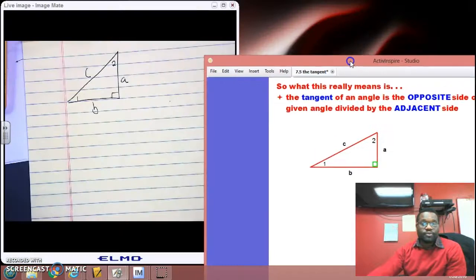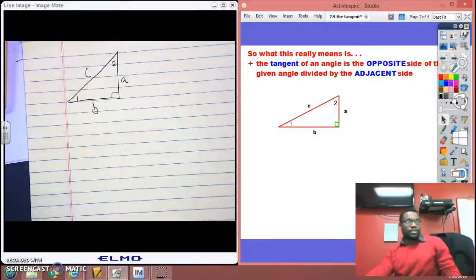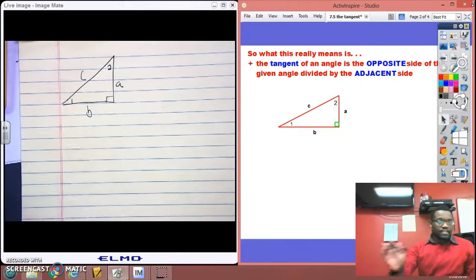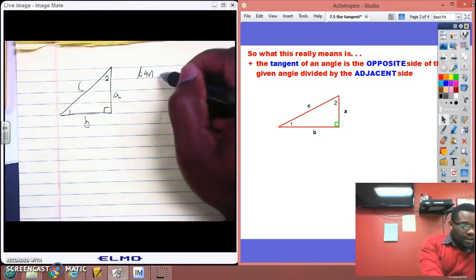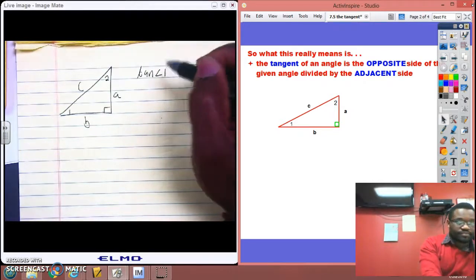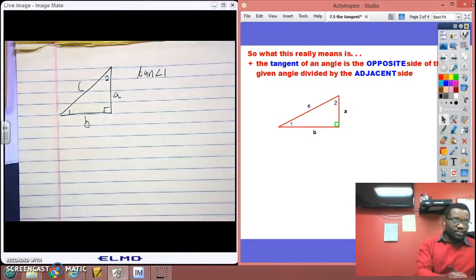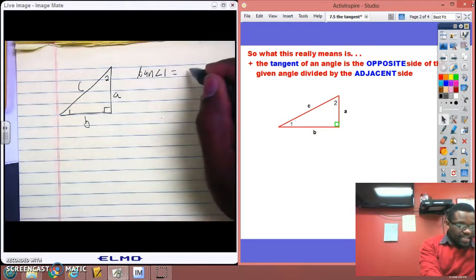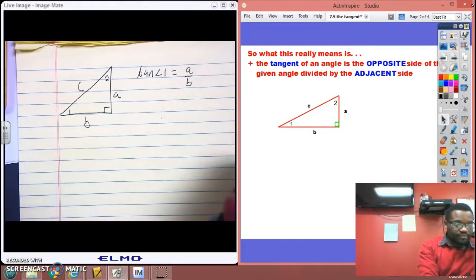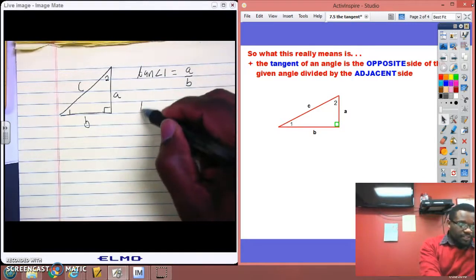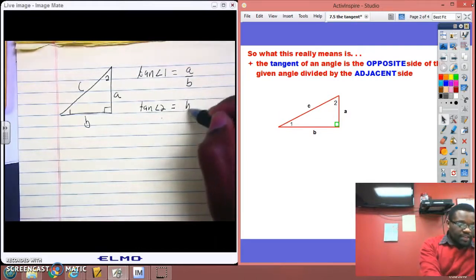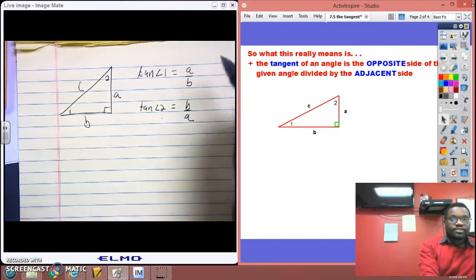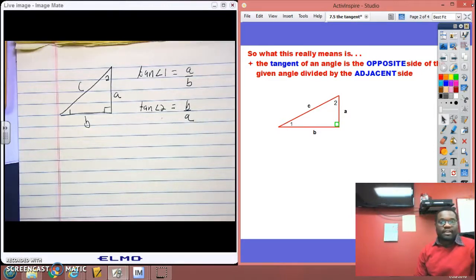So here's what I want to do, is I want to kind of put those two together and talk about it. If I'm talking about the tangent of angle 1, I'm just letting you know where this is coming from, what I would say is A over B. But if I'm talking about the tangent of angle 2, that would be B over A. And so you notice automatically how they differ.